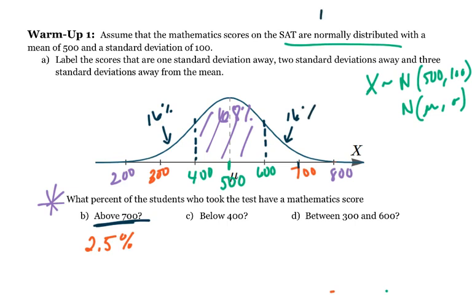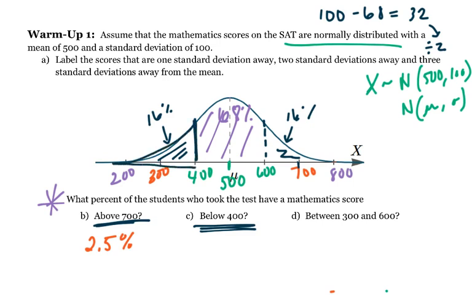So essentially what I'm doing is 100 minus the 68, which gives us 32, and then we take that and divide it by 2 to spread out to the two remaining sections. So when they ask me how many people scored below 400, that's talking about the scores in this region, which represents 16% of the scores based on the empirical rule.